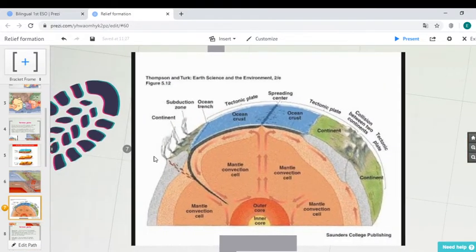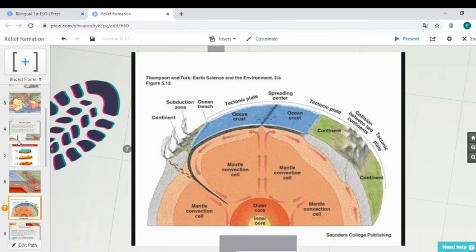This is an overall situation of what happens when they collide. You can see it better. Let's say that this plate is colliding with this second plate. As it's thinner, the ocean plates are always thinner than those plates that have emerged areas. This plate goes down, as it is shown here.